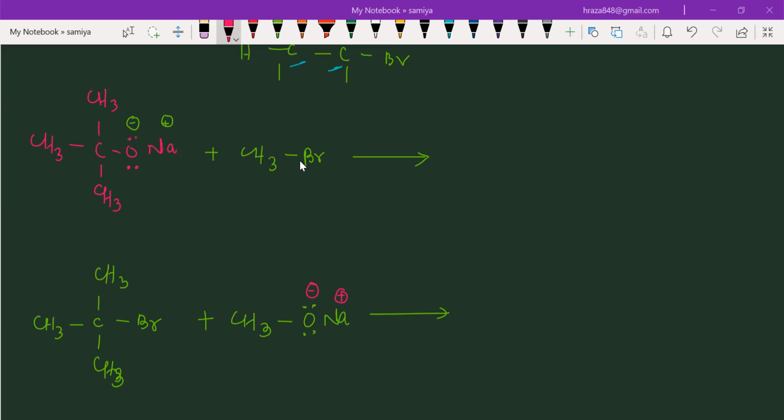Sir, the only difference is that the functional groups are switched, right? Yes. If the functional group switches, that means the compound is different, right? Yes, sir. And if the compound is different, the product will be different.